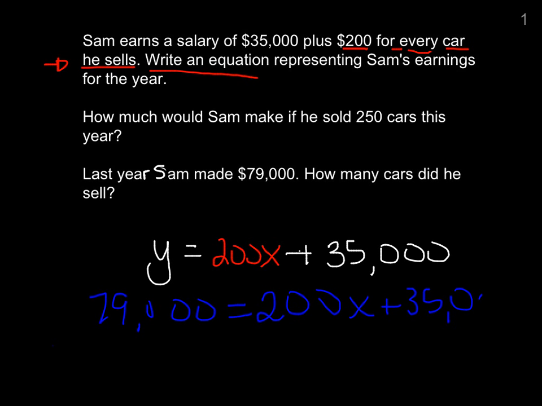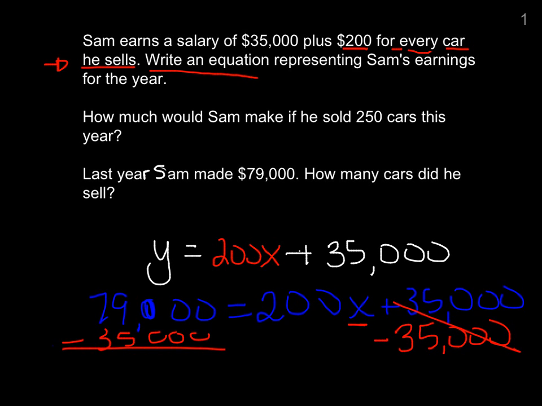So now I'm trying to find out what x is, so I get rid of the things with it. The first thing I do is subtract $35,000 from both sides, and I'd get $44,000 equals 200x.